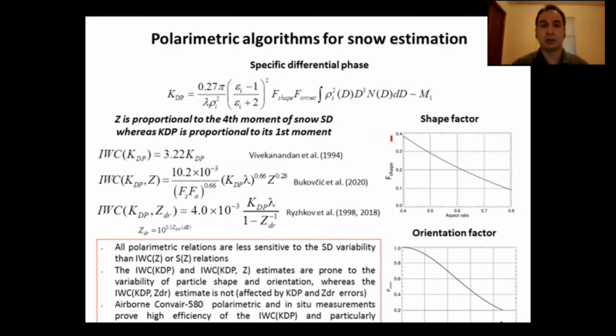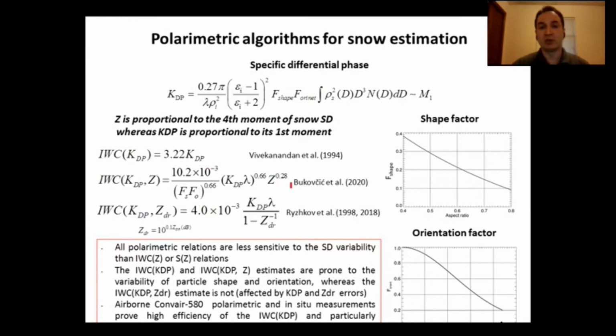There are several polarimetric relations for ice water content or snowfall rate that have been developed recently. Some of them use only KDP, some, as in Bukovcic et al. 2020, use KDP and Z, and, as in Ryzhkov et al. 2018 or 2019, some use ZDR and KDP. The relation where KDP alone is used is most prone to dependency on orientation and shape because of the exponent of this relation.